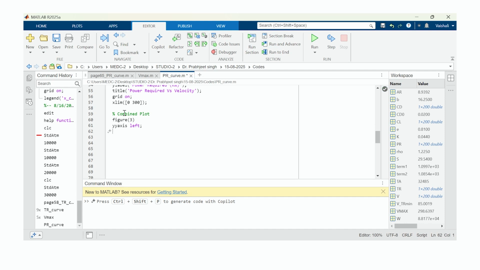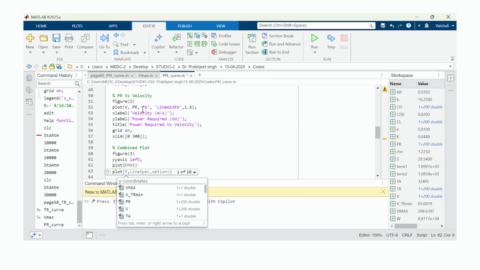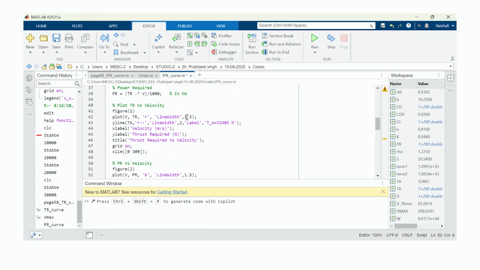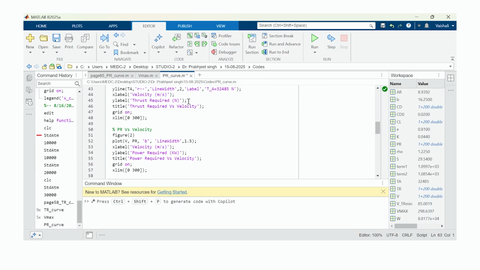Now here we will be plotting velocity with thrust required. Let me just copy from here, velocity with thrust required 1.5, and here y label, actually that can also be copied. Y label is thrust required.